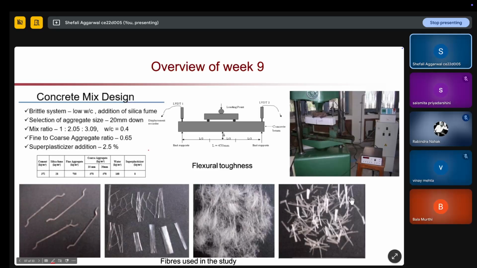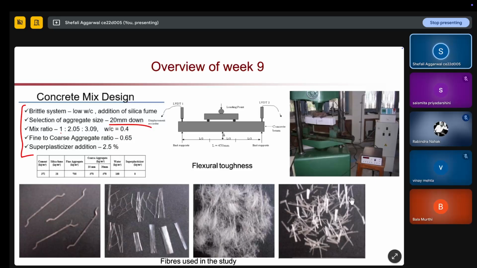So this is one thing which is being taught in class about the experimental study at IIT Madras. In that study, we are limiting our study to the high strength concrete mix. We have a low water cement ratio, adding silica fume, and aggregate sizes of maximum 20 mm.